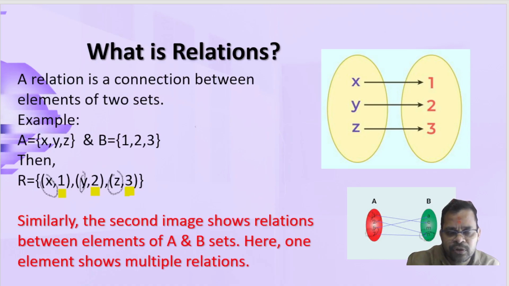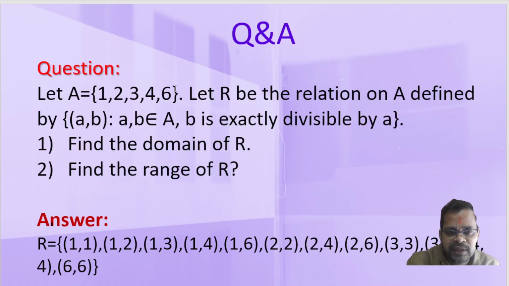So let's go ahead and do a problem. Here the question says the set A has the elements 1, 2, 3, 4, 6. Let R be the relation on A defined by (a, b), where a and b belong to A and b is exactly divisible by a. Find the domain of R and find the range of R.